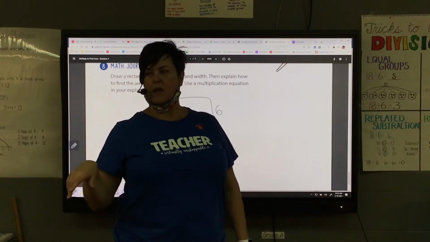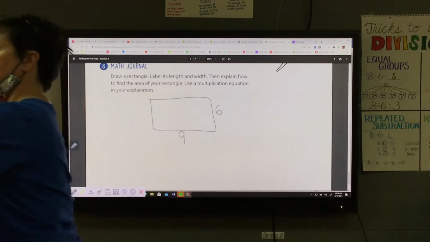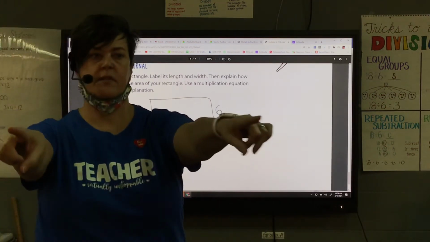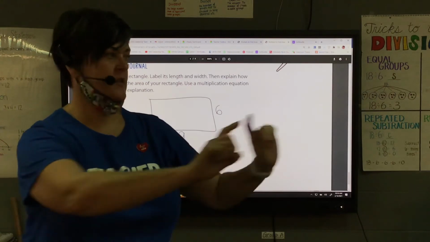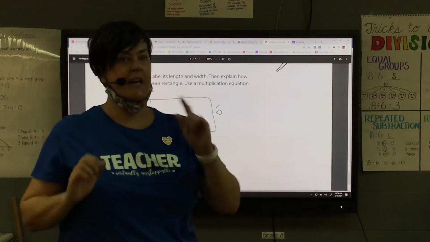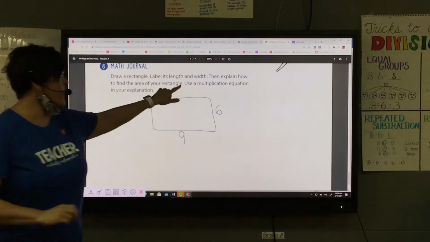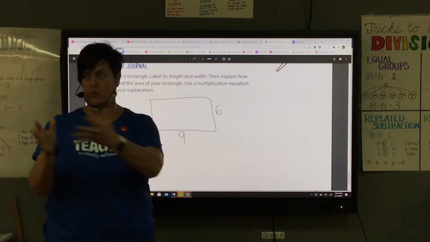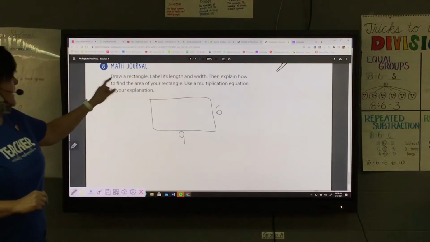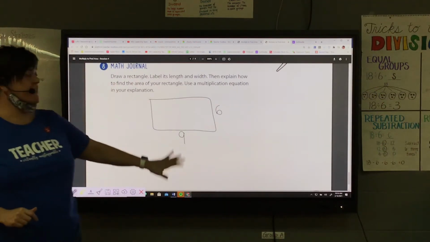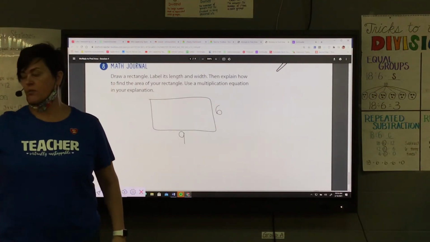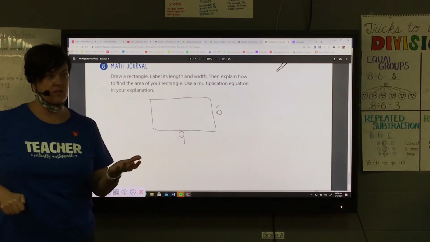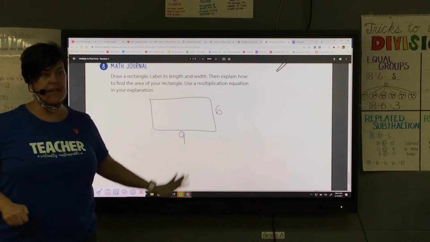Okay, I'm going to have you 3 here talk about this. I'll have you 2 back there talk, and you 2 talk. Here's what you're talking about. You are explaining in words to this person or to this group how you would find the area of your rectangle. Explaining in words. So are you working on it right now?